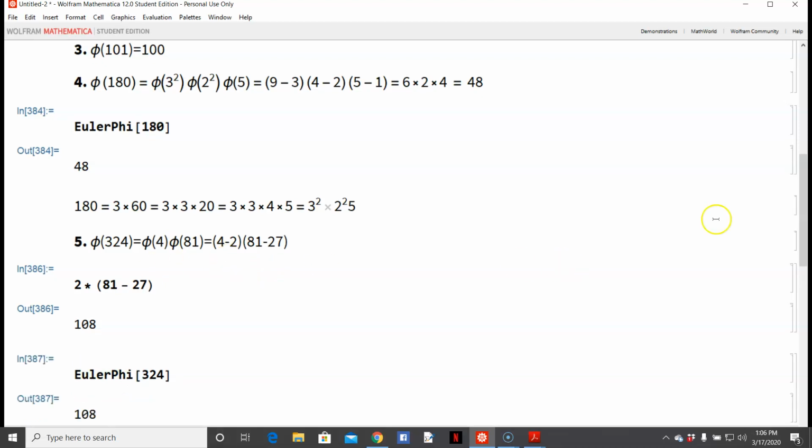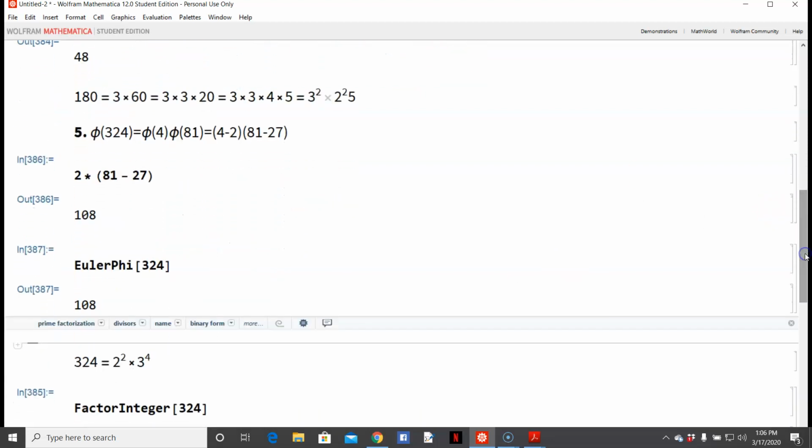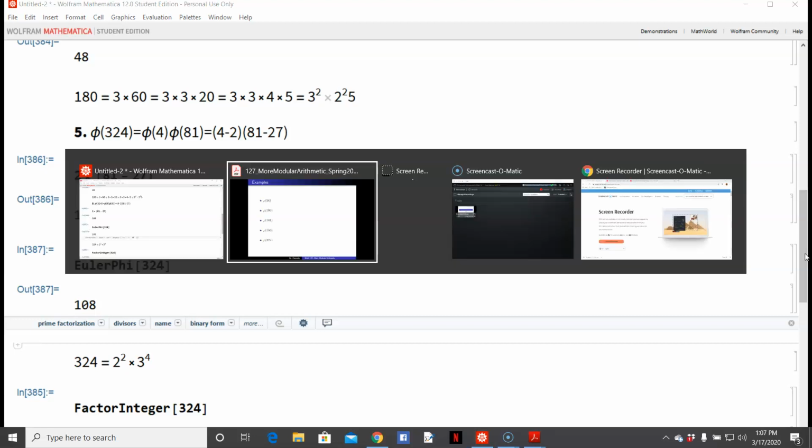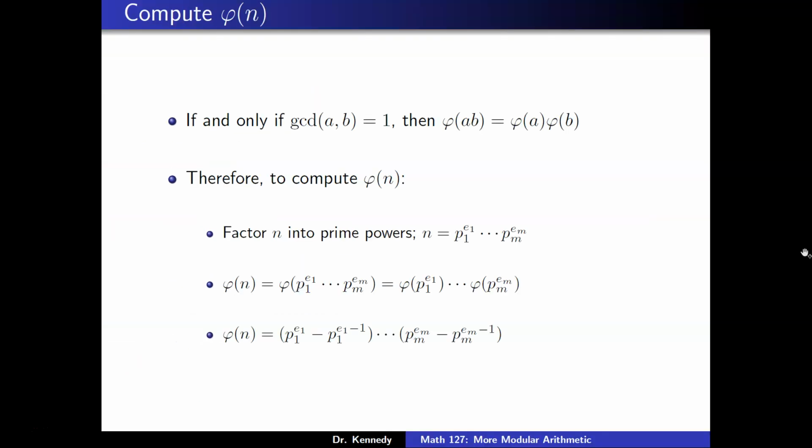All right. So the Euler phi function is going to play a critical role in RSA encryption when we get there, and the exponential cipher in particular. So it's going to be very important. Now, the steps seem a little daunting at first, but it's just a matter of being very methodical.